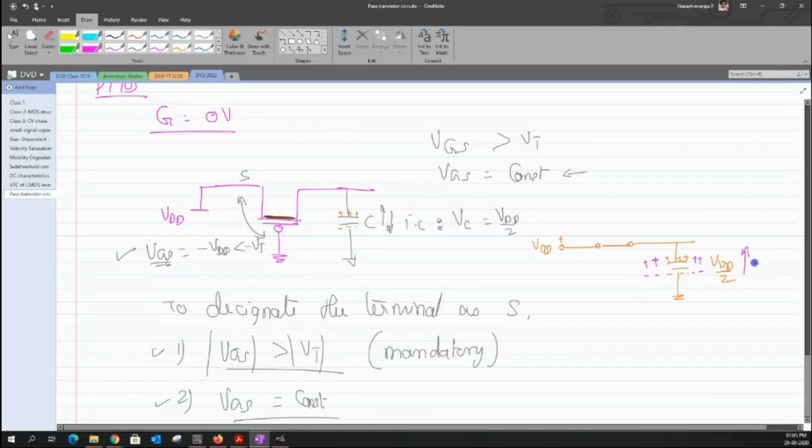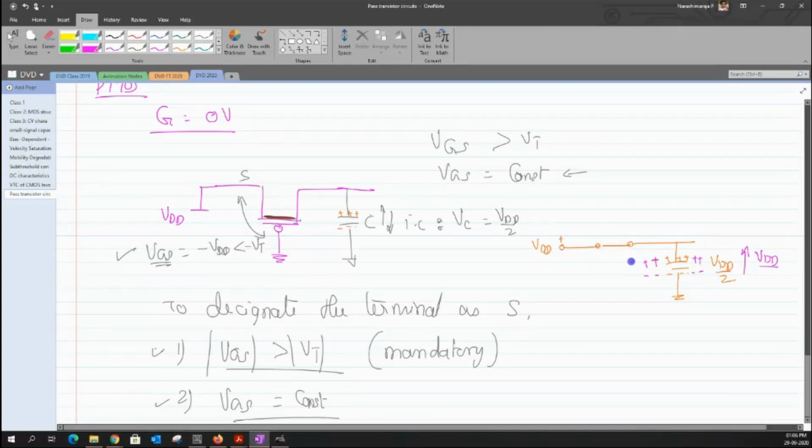Is it VDD or VDD minus VTP? Which one is true? VDD. It will be equal to VDD. Because till it reaches VDD, the channel always exists. That is something that we have to observe here.